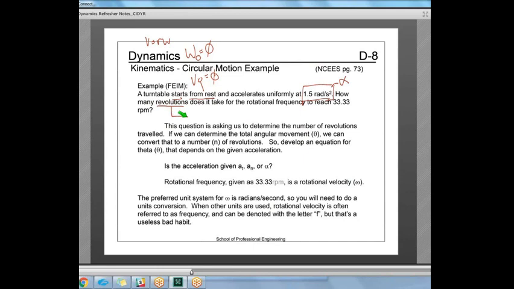How many revolutions does it take? Well, if the question is revolutions, what variable can be converted back and forth to revolutions?